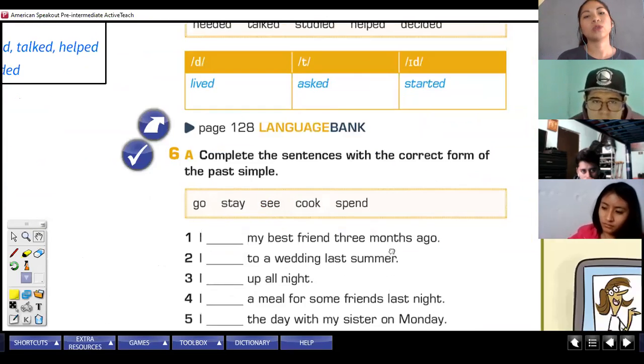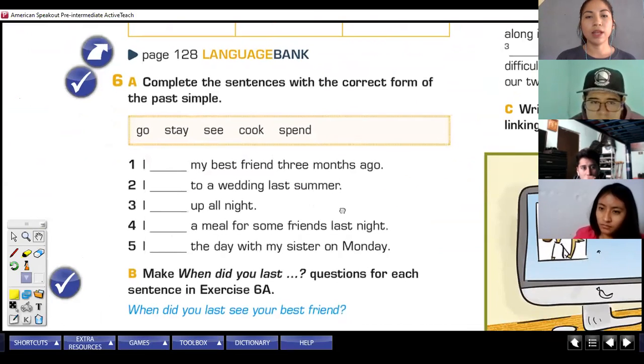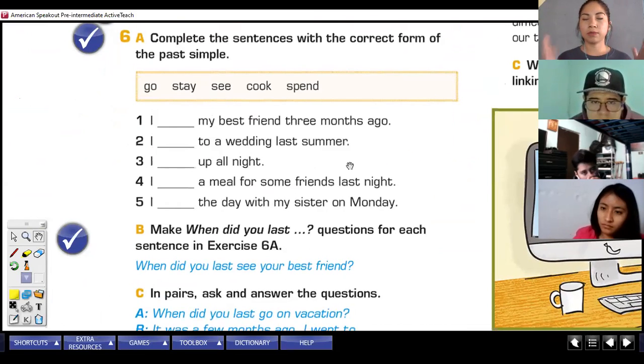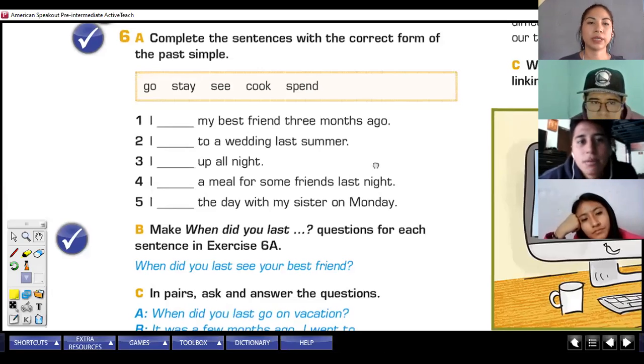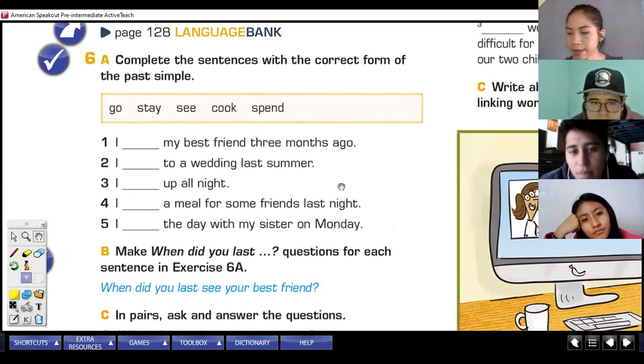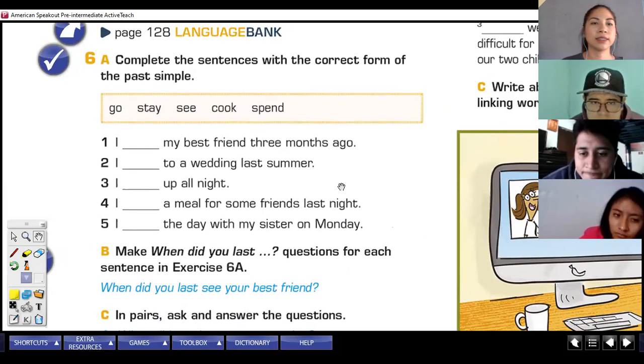Now we're going to use past simple. So we remember that for past simple is subject, verb in past. It could be regular, irregular. Let's complete this one, okay? You have 2 minutes.